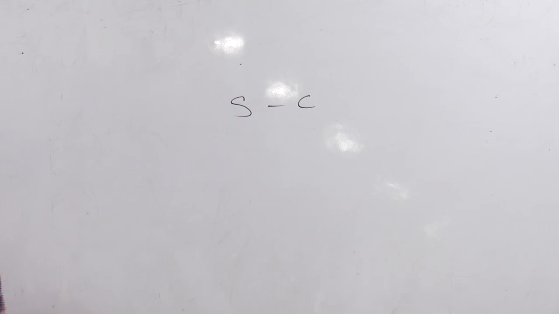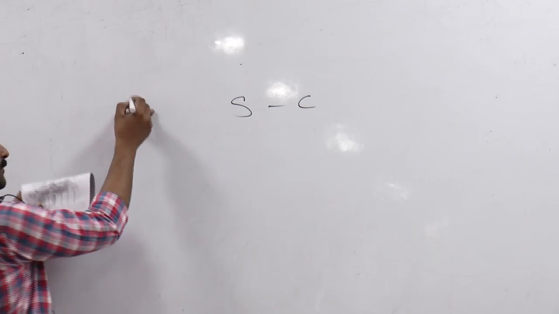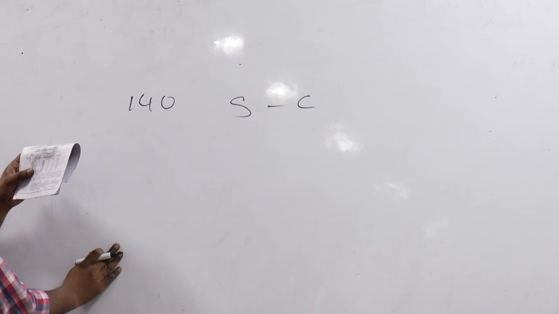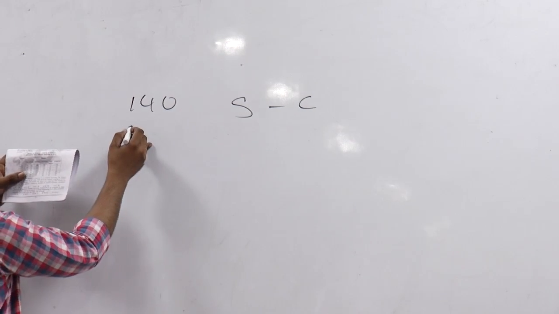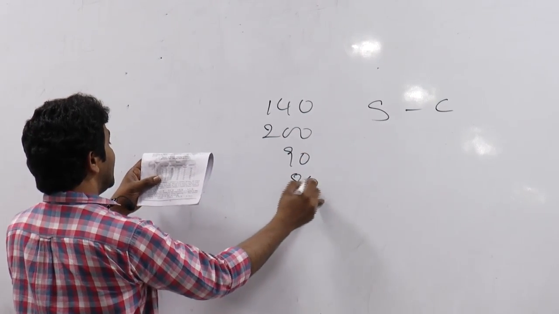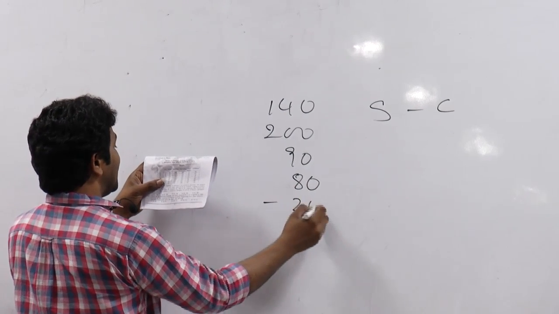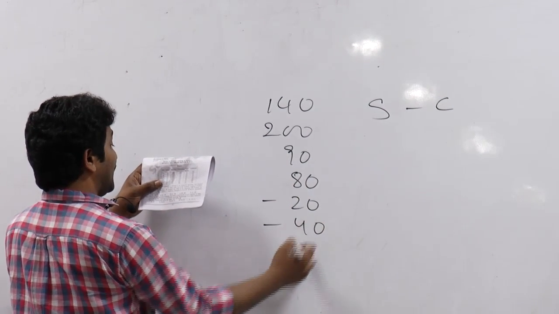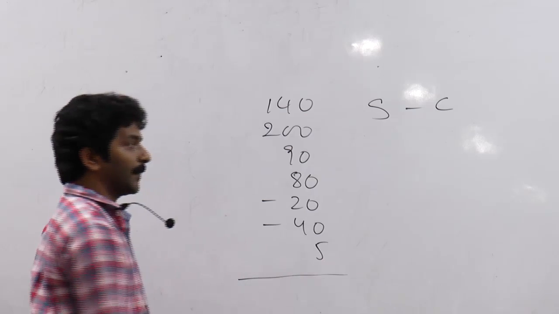Now, what is your first number? 620, 480, difference 140, a positive number. Next number, how much is that? 200, next 90, next 80, next minus 20, next minus 40, next plus 5.